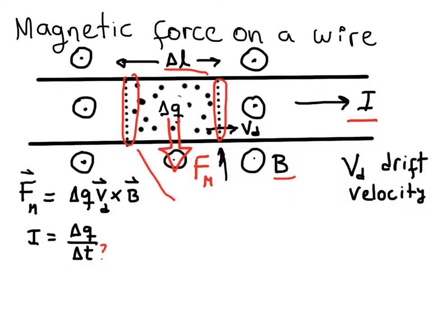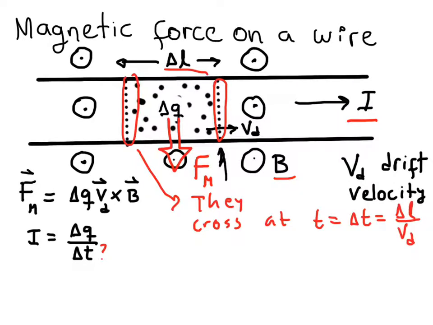Those are the charges that will tell us how much time it's going to take for the whole charge to cross. They will cross in an amount of time delta t equal to, well, the distance that they have to cover is delta L, and the velocity at which they cover that distance is the drift velocity. So the amount of time it takes them to go from the back to the front is delta L divided by Vd.